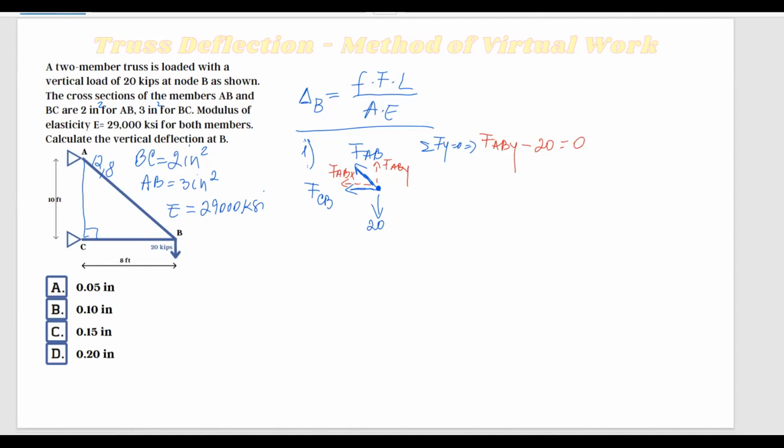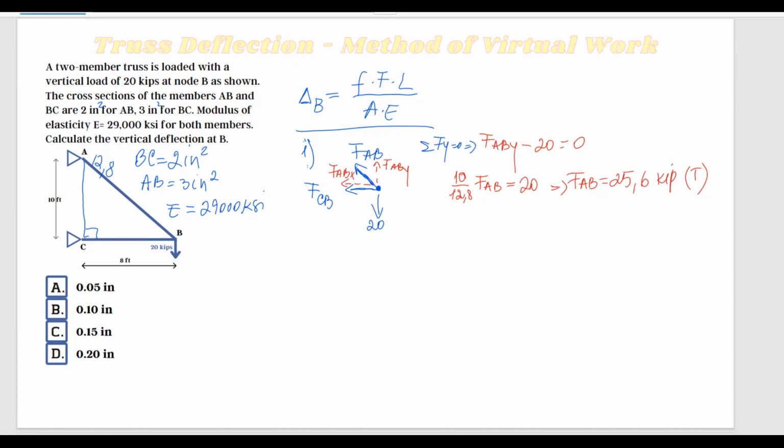Now, FABY is equal to 10 divided by 12.8 multiplied by FAB, which equals 20. And from here, we can calculate FAB, and you should get a value of 26.6 kips. And this is tension.